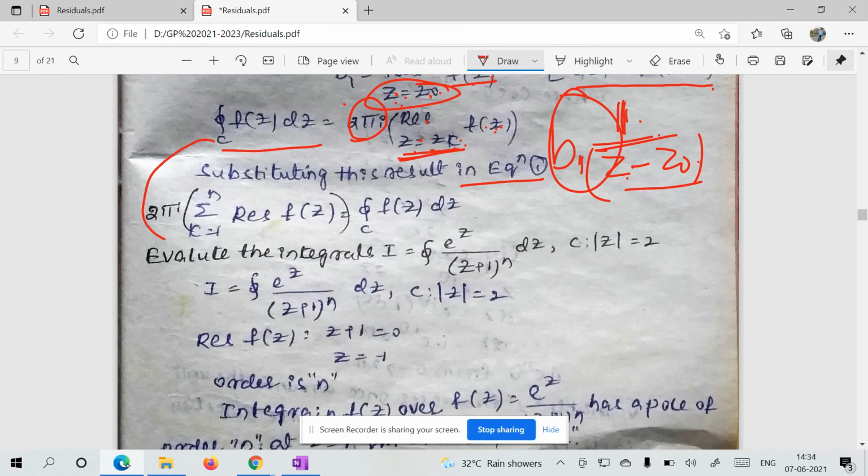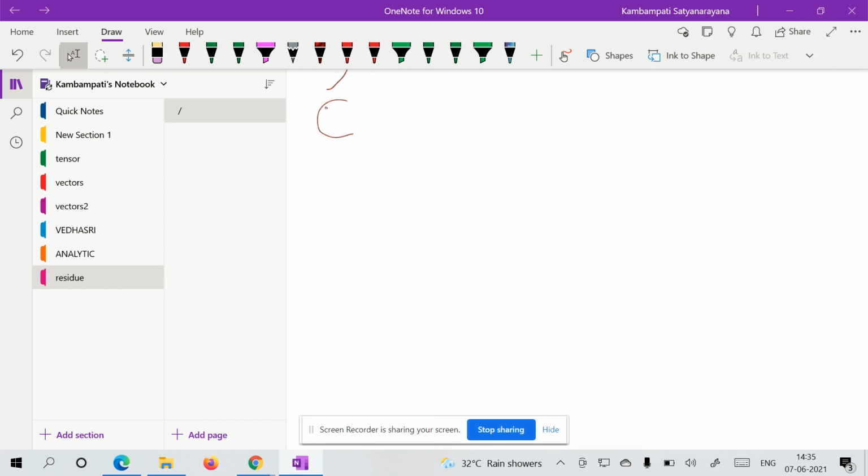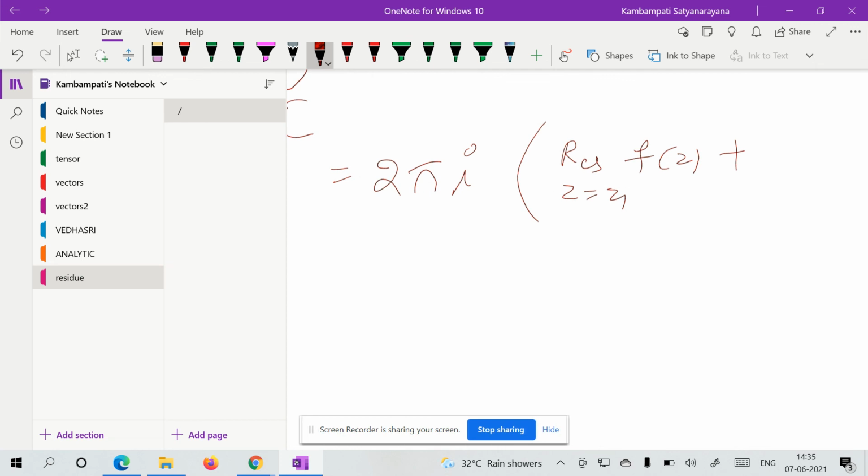So 2 pi i into the sum: 2 pi i into the residue of f of z when z equals z1, plus the residue of f of z when z equals z2, plus and so on, plus the residue of f of z when z equals zk.